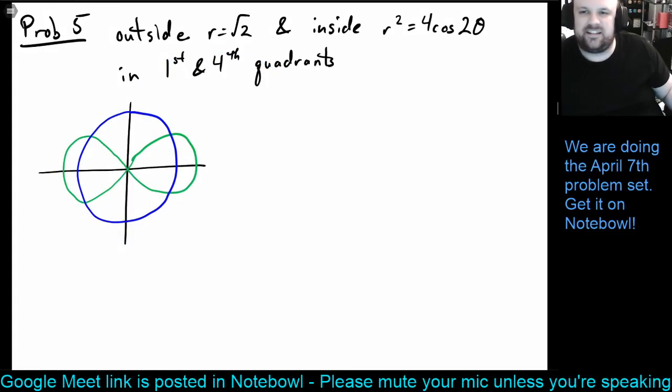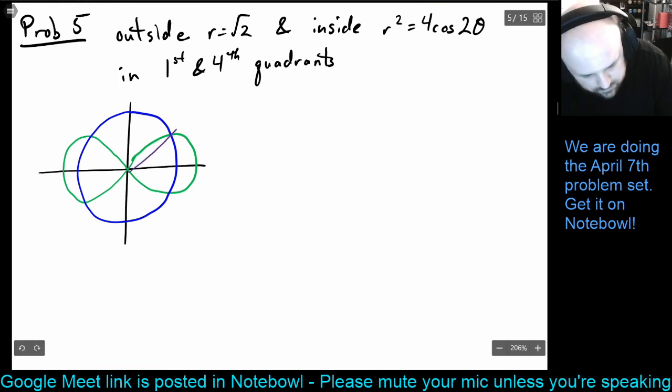All right, let's pretend that's a good drawing of what we had. We need to know these two theta values.